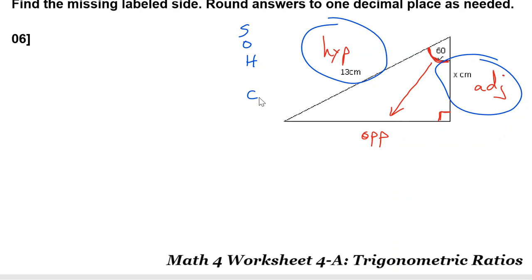So I look on SOHCAHTOA and figure out who has hypotenuse and adjacent, and it would be yet and yet. So this is going to be a cosine problem. Cosine of 60 equals, SOHCAHTOA tells me adjacent on top, x over 13. This time I'm going to multiply both sides by 13 to get x by itself.